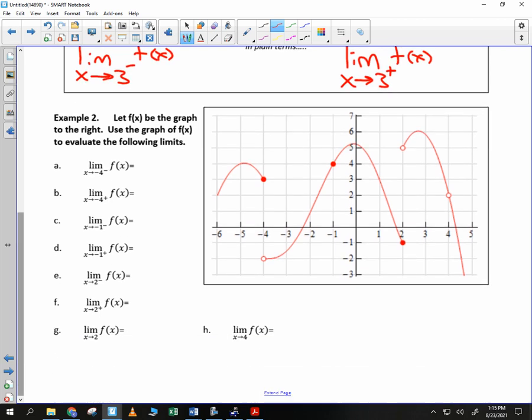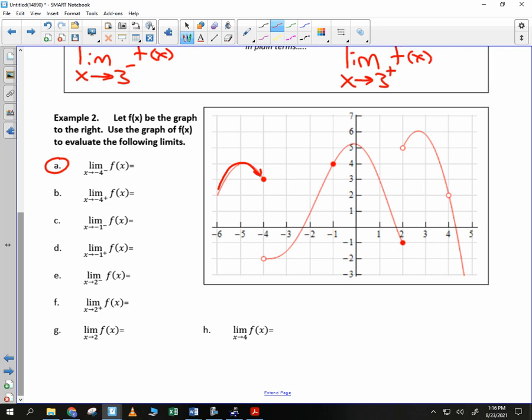This will be the first part of your assignment. You'll be given a graph, and you'll want to know the limit. Look at the first question. What's the number that we're approaching? Are we approaching from the right or the left? We're approaching from the left. So I have negative 4. I'm going to approach negative 4 from the left. So what is the output approaching as I get really close to negative 4?